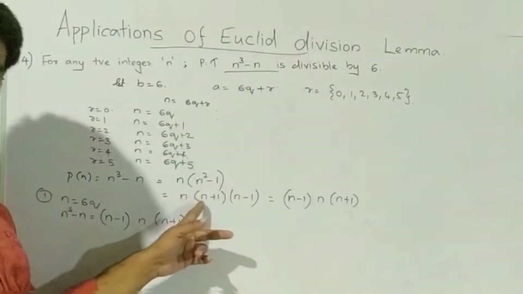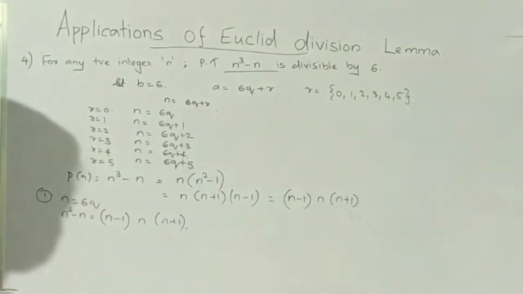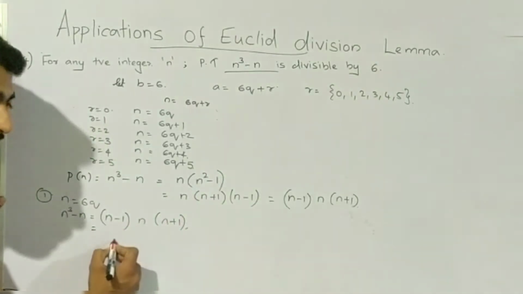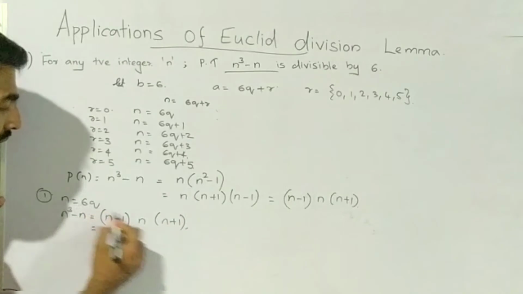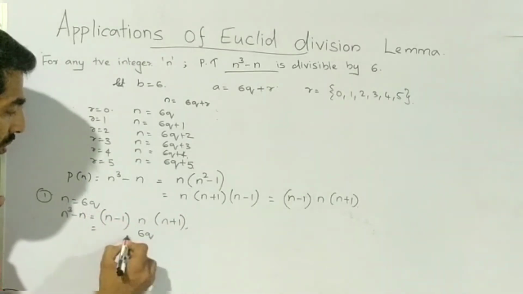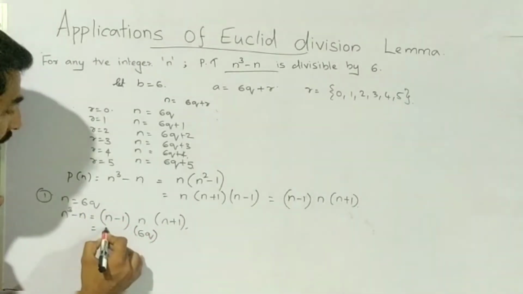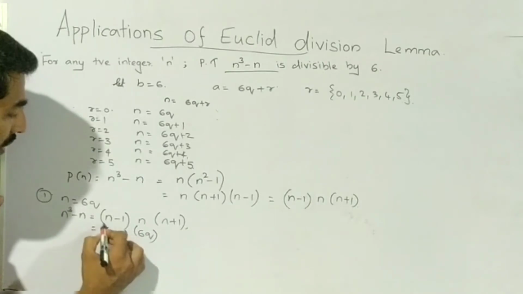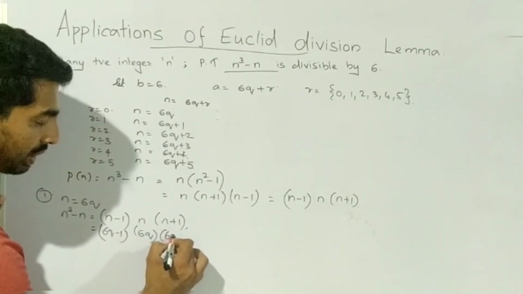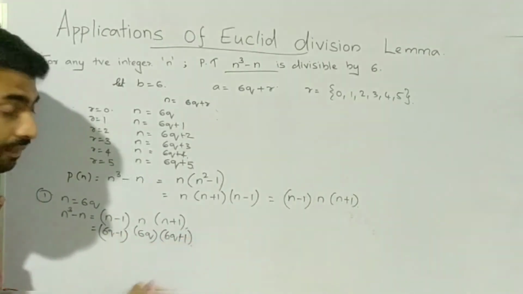That can be written with n as 6q, so here it is 6q minus 1, 6q, and 6q plus 1.